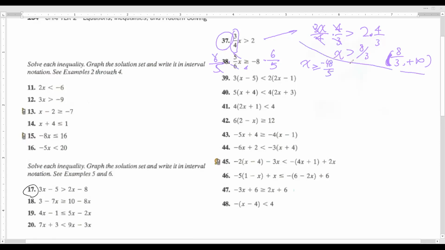Right now it is including, so we need to change to a bracket, a left bracket, right? Okay.